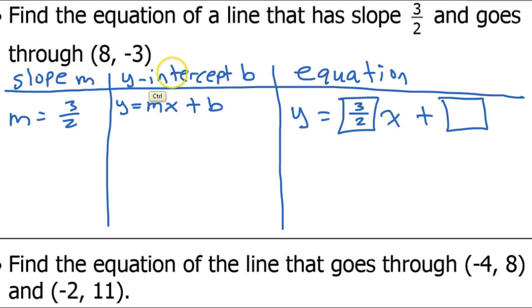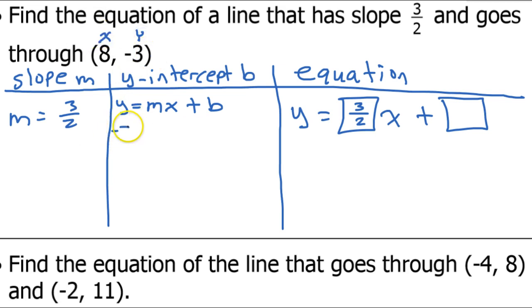When I say m and b, I'm talking about the number that goes here and here. Right now I'm trying to find the b. That means we need to already have y, m, and x. Well, I have m. What about x and y? That's what the point is for. So this is x and this is y.